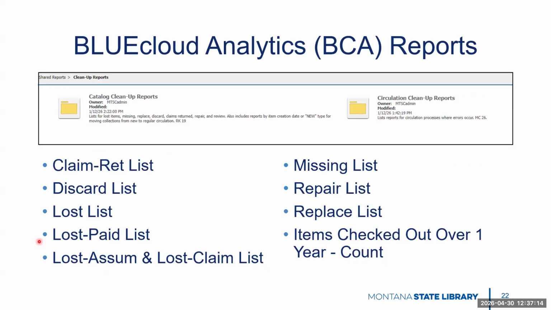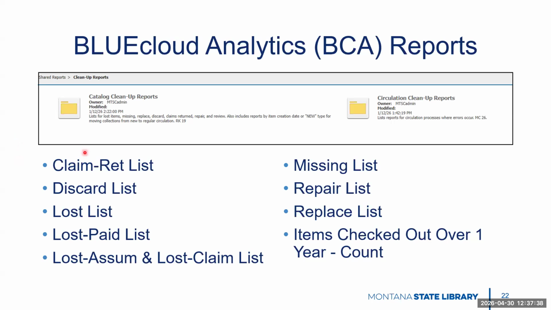Okay, so moving into the resources. Like I said earlier, I'm a big fan of BCA. I could talk about it all day, probably in a very extended webinar. So I have to do a shameless plug for the reports your staff can use to clean up these items or identify these items, in order to replace them or discard them.